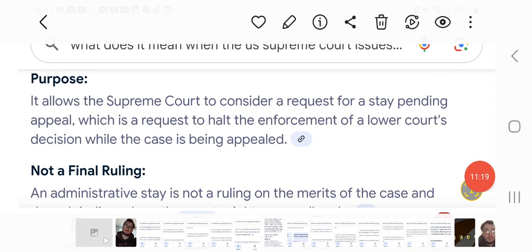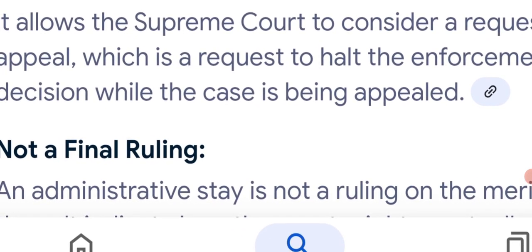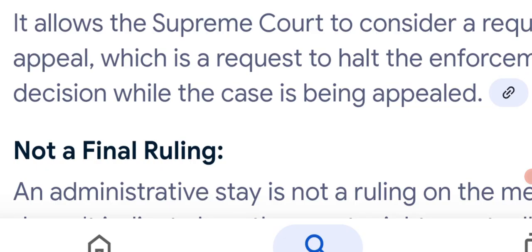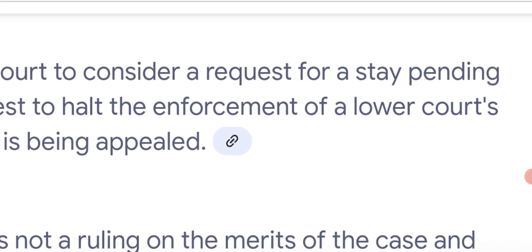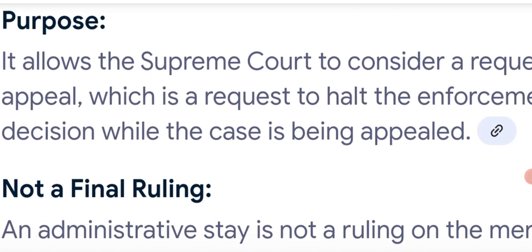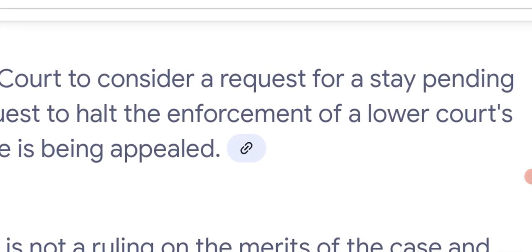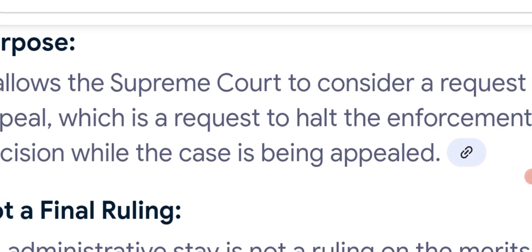The purpose of the administrative stay is that it allows the Supreme Court to consider a request for a stay pending appeal, which is a request to halt the enforcement of a lower court's decision while the case is being appealed.